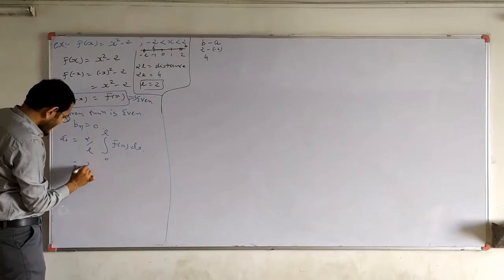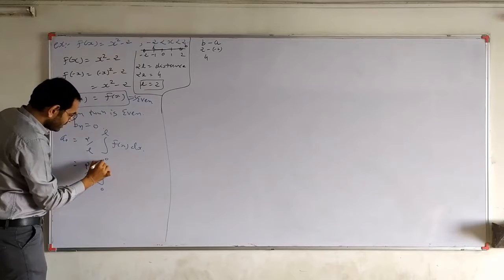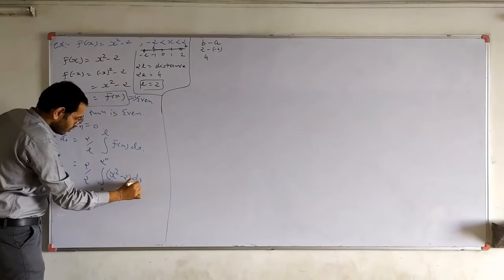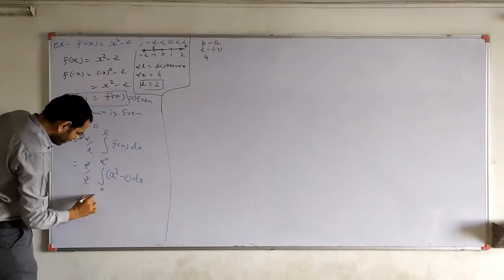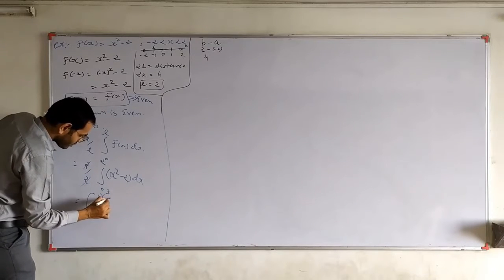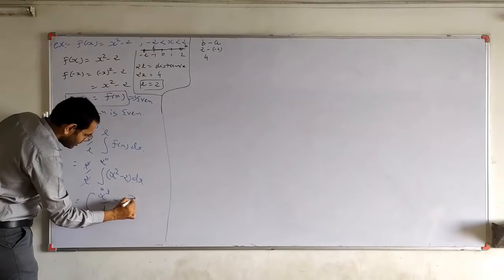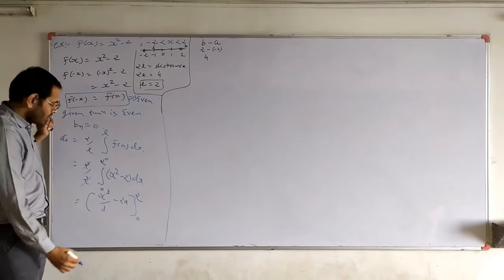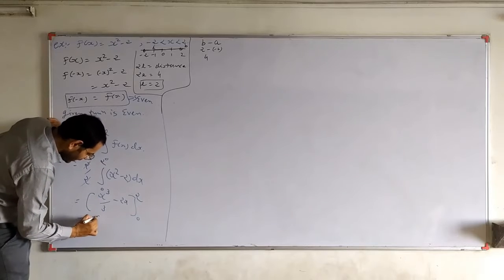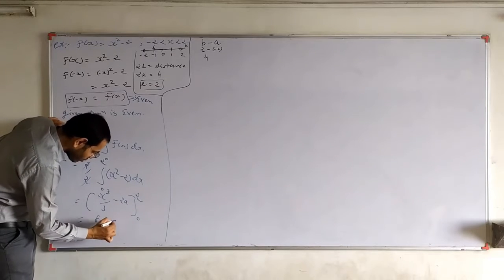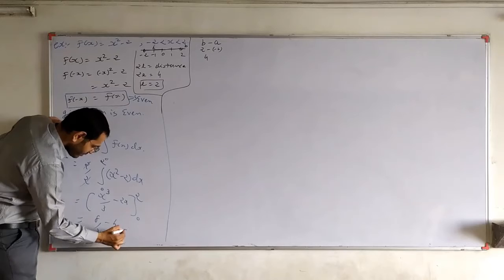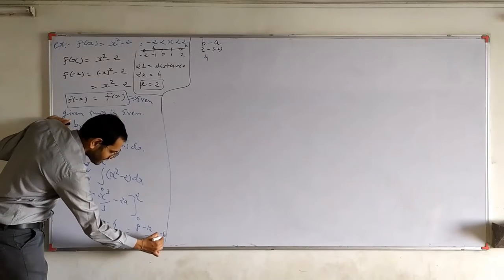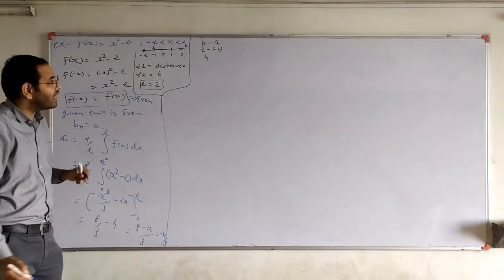Substitute the values: 2/2 times the integral from 0 to 2 of (x² − 2). The 2s cancel out, and the integral of x² is x³/3 minus 2x, from 0 to 2. Upper limit minus lower limit: 2³ is 8/3, 2 twos are 4, 4 threes are 12, so (8 − 12)/3, and the answer is −4/3.